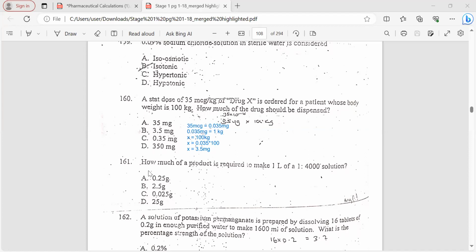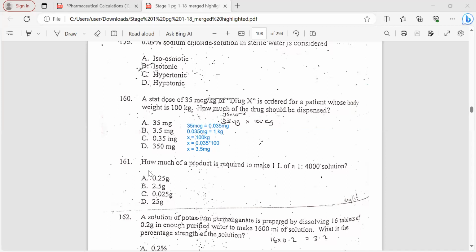Then how much of a product is required to make 1 liter of 1 to 4,000 solution? So for percentage, ratios, proportions, now like if it's 1 to wherever, this is a solution, so it's mLs to mLs. Like 1 ml of something is in 4,000 mLs of the solution.